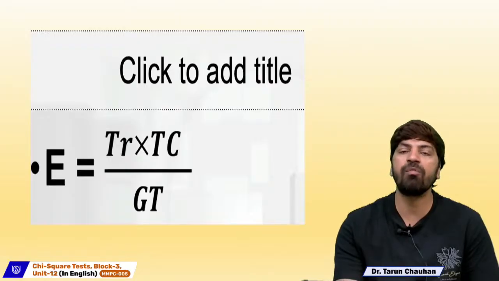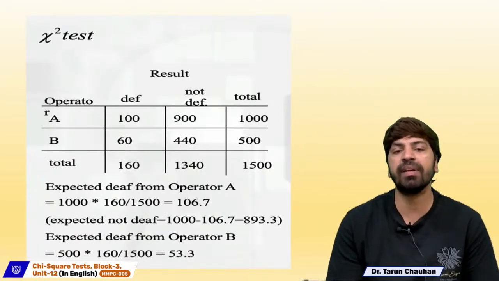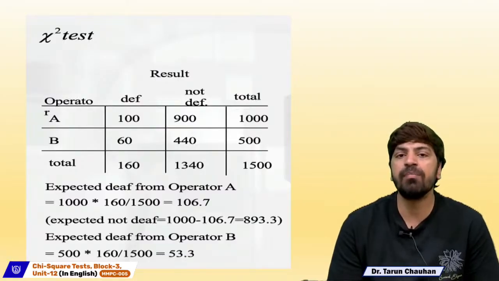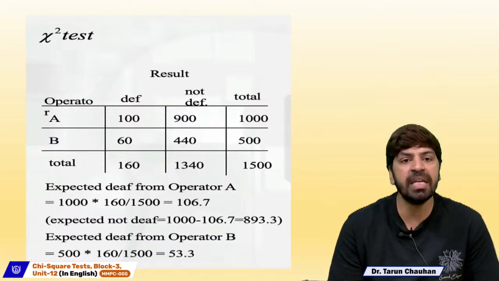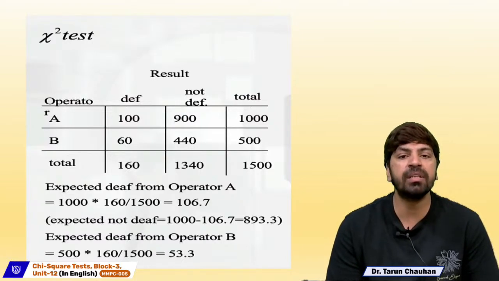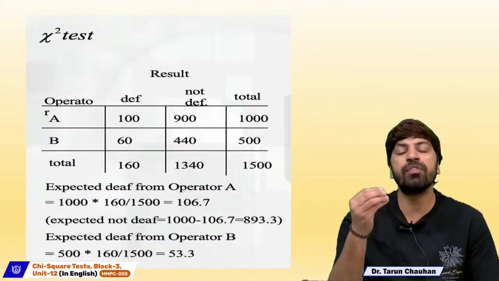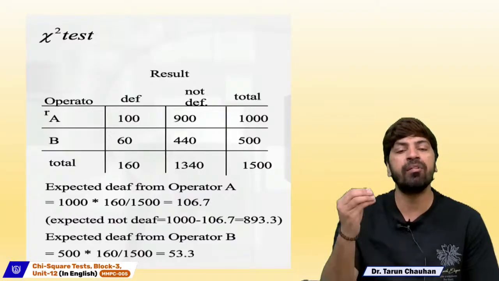Let's move forward to calculate the frequencies. If you look at the question, we need to calculate the expected defective from operator A. The formula is total of row into total of column by grand total.